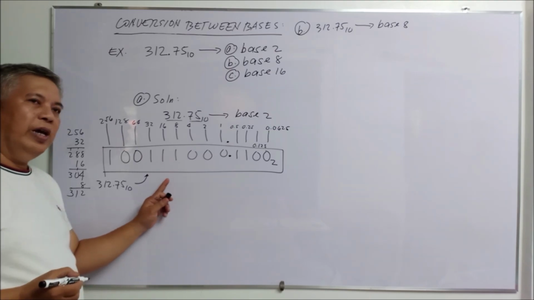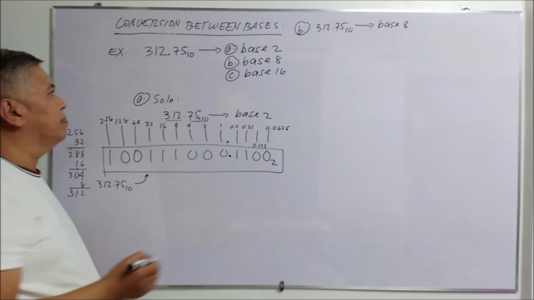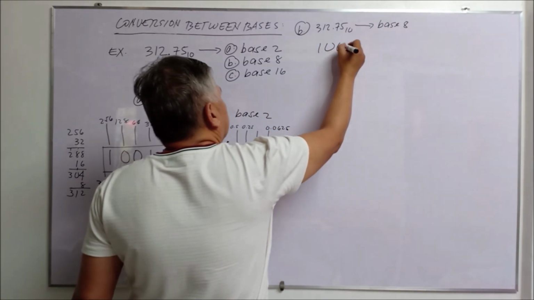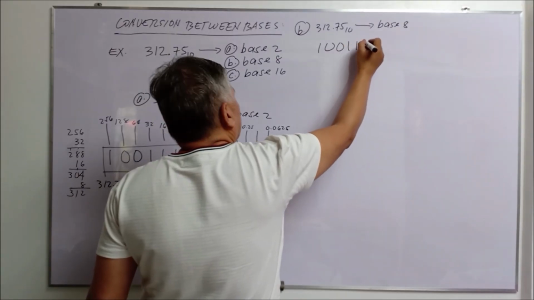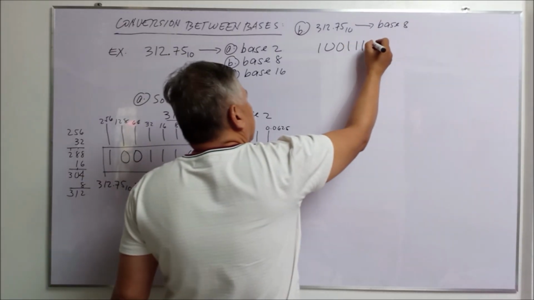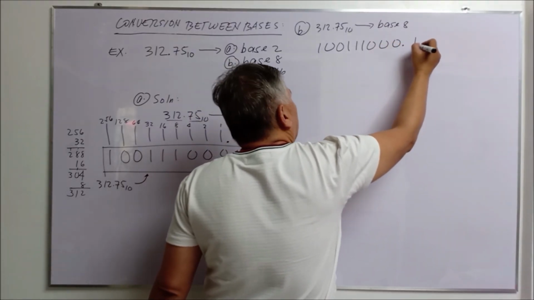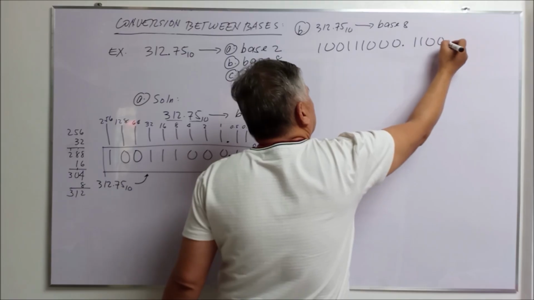So all we have to do again is to rewrite this number. So you have 1, 0, 0, 1, 1, 1, 0, 0, 0, 0.1100 of base 2.